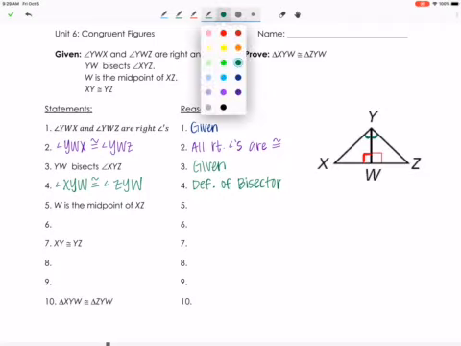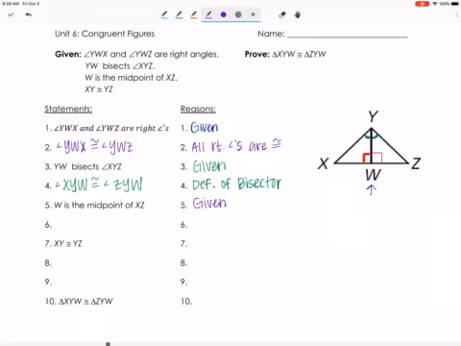All right, the fifth one, W is the midpoint of XZ. That was also given. All right, so same thing as 3 and 4. I think, well, if W is right smack dab in the middle, what does that mean? It means that now this half and this half should be the exact same size.